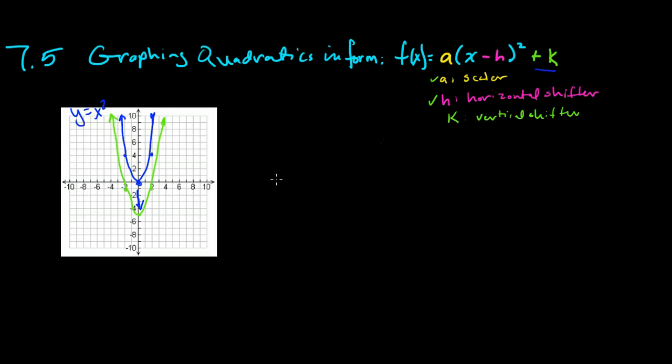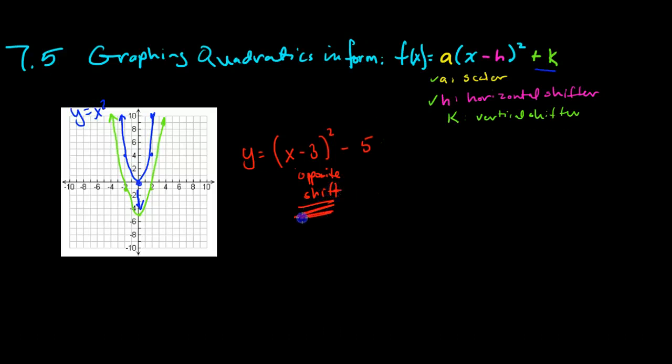Now let's have some fun with both a vertical and a horizontal shifter. Let's try y is the quantity x minus 3 squared minus 5. We already know what having a value in the parentheses here does. It shifts the vertex horizontally by the opposite shift.